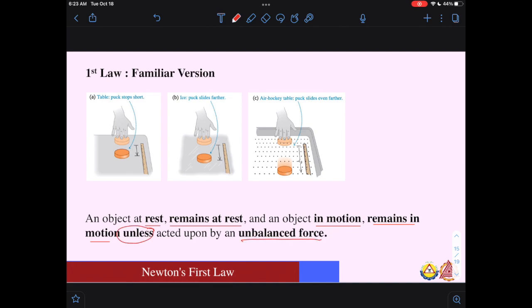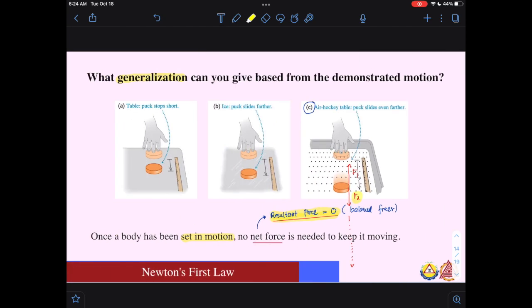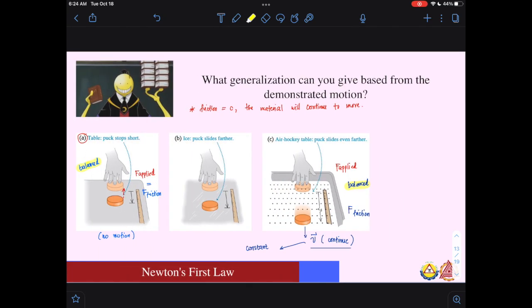Now, why I tried to discuss earlier about balanced forces, because let's try to deal with this object at rest remains at rest. So this is the case particularly of A, kining A nimo. I know this is moving based from the illustration, but let's just say na you have this object here. It's still at rest.